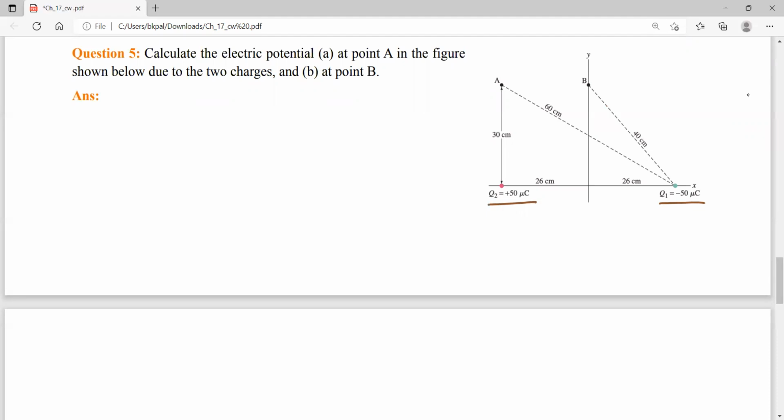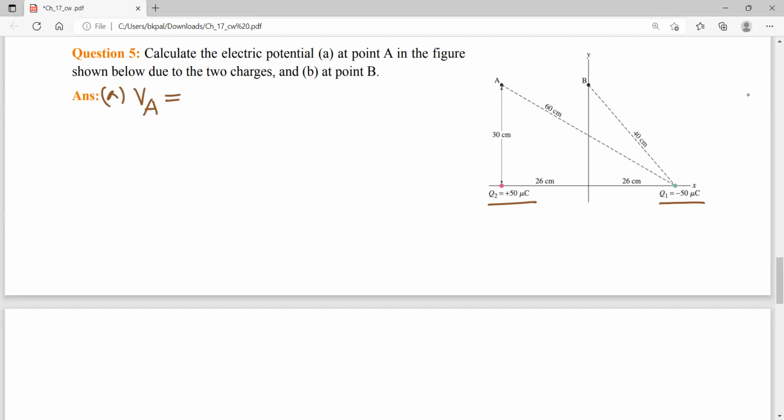So this is a dipole, and we have to calculate first the potential at point A and at point B. When we have multiple point charges and want to know the total potential at some point, we have to individually calculate the potential for each charge, and then add them together. All right, so let's first calculate VA.